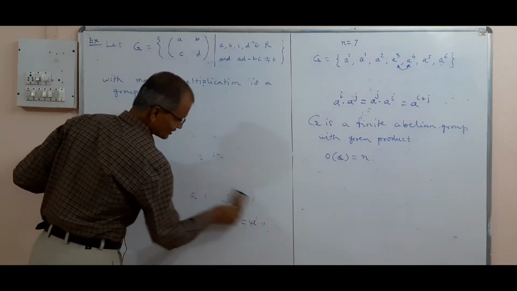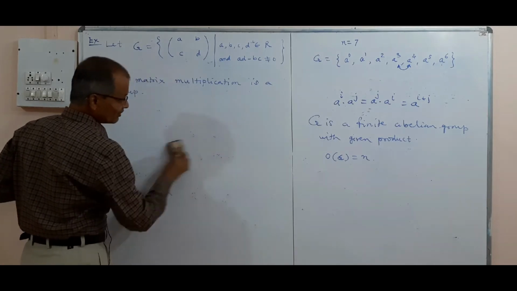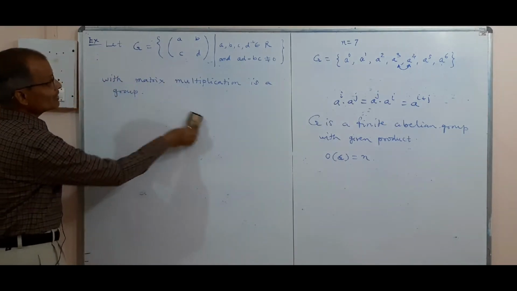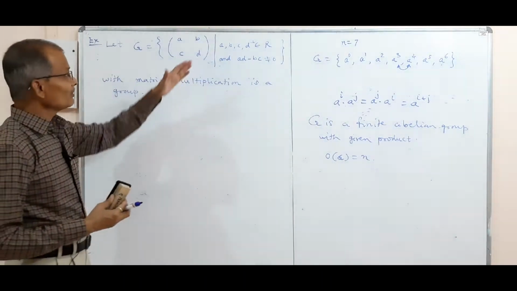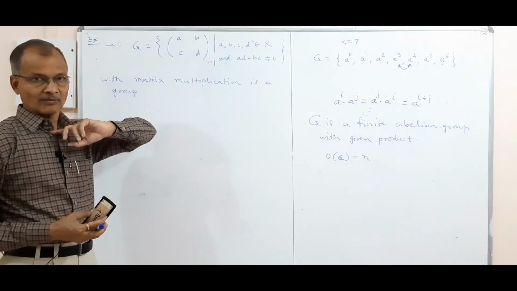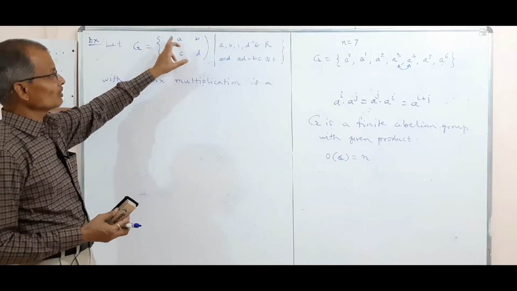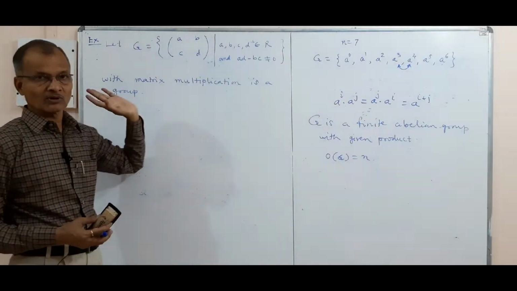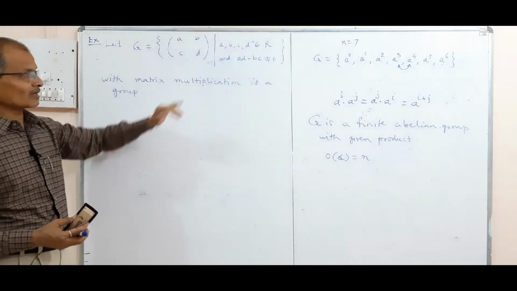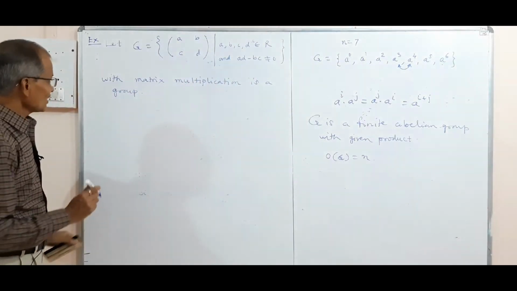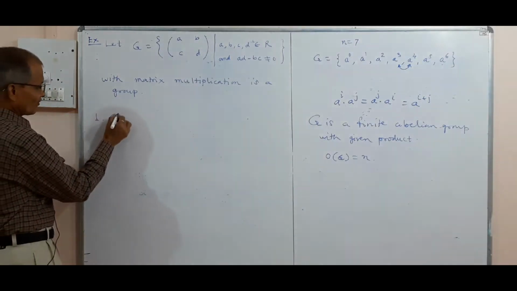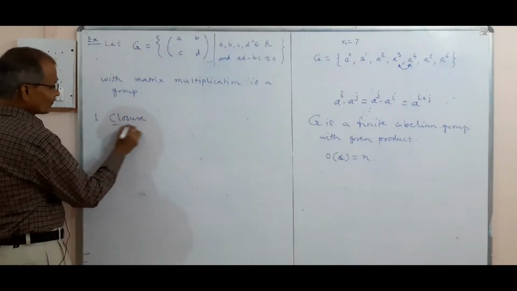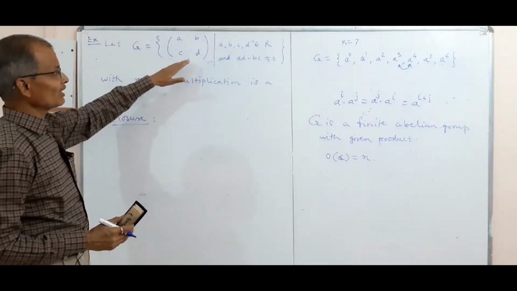How many will there be? Infinite. A, B, C, D are real numbers, maybe integers, fractions, etc., and the condition is only that the determinant is not equal to 0, and we have to consider matrix multiplication. So for the closure property, we may see the product of any 2 by 2 matrices.